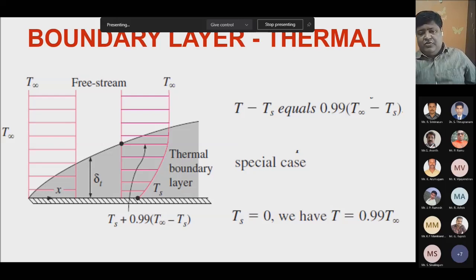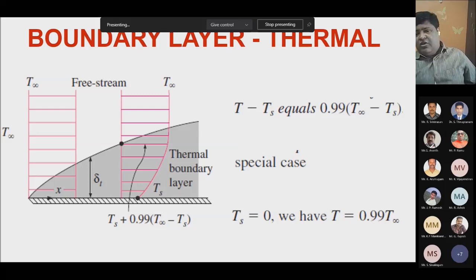What we mean by developed is that along the x length, after a certain distance, the profile within the boundary layer stays the same, so dou T by dou x and dou U by dou x will be equal to 0.